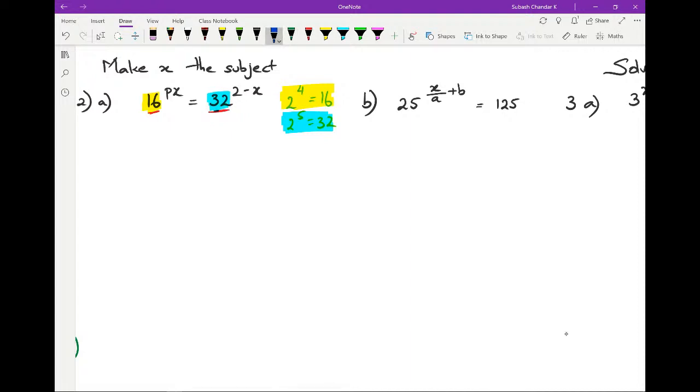So I'm going to get rid of 16 and replace that with 2 to the power of 4 to the power of x, and then this is equal to 32, which is 2 to the power of 5 to the power of 2 minus x. So there's my 16 and there's my 32.